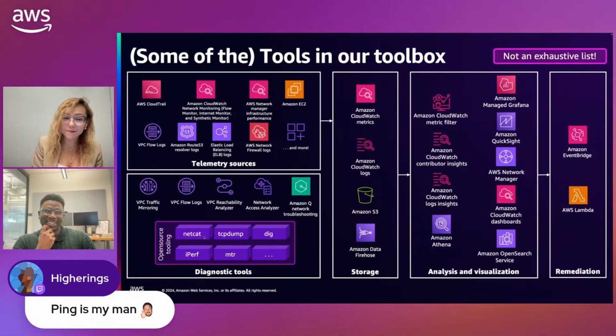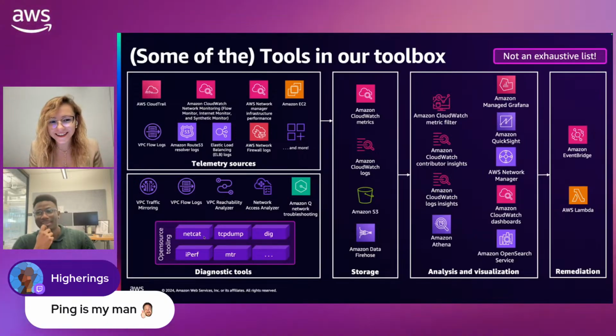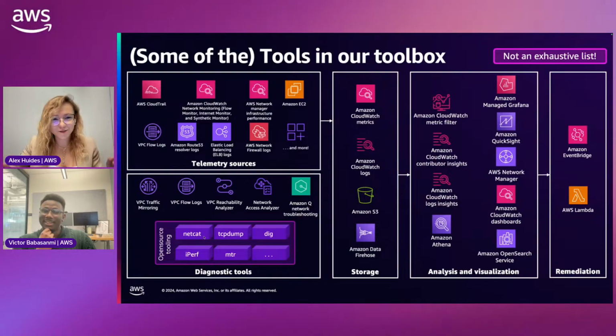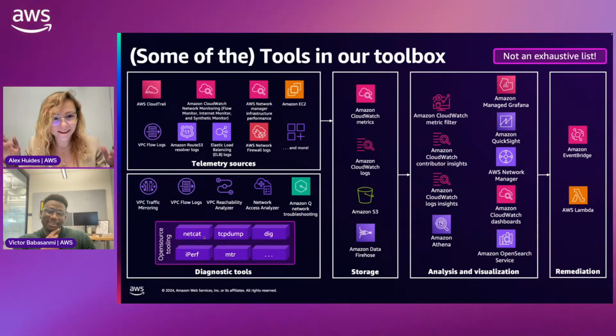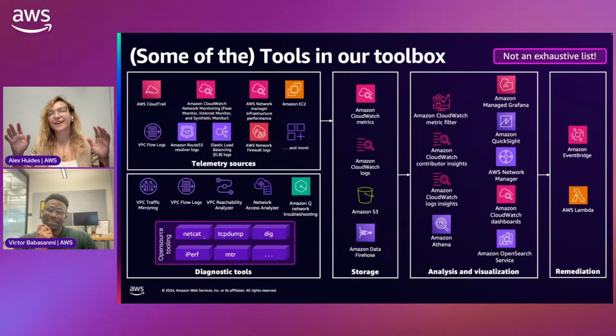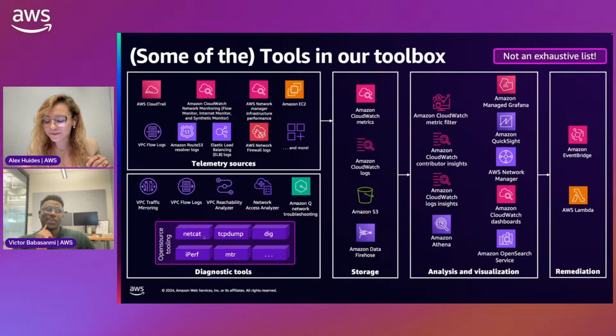But ICMP sometimes might be blocked by security groups, so it's not always useful. I have a funny story about ping. This was the thing that got me to fall in love with networking. Actually, I was going through the CCNA 1 course training like 15 years ago, and I was like, oh man, why am I here?